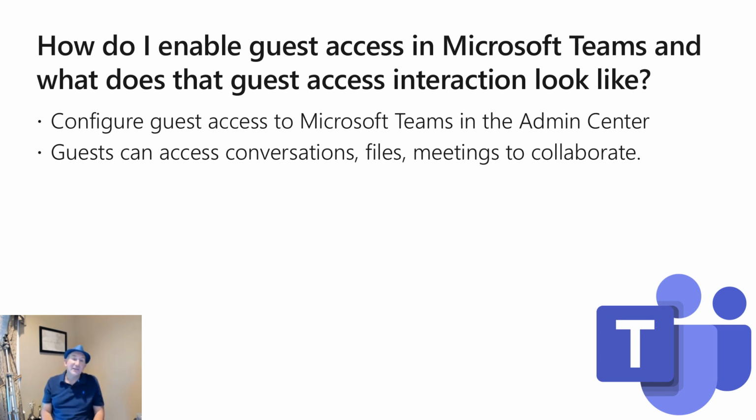That also means any of the underlying SharePoint components that are there, you can make pieces available. Maybe you create a custom list in that underlying SharePoint and want to expose that as a tab. They'll have access to that. And they can also participate in meetings. All of this is part of that collaborative experience.